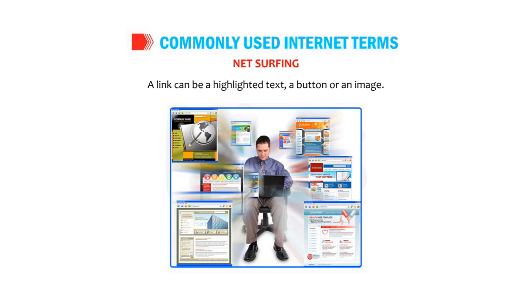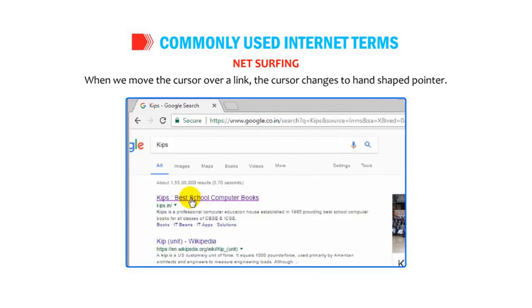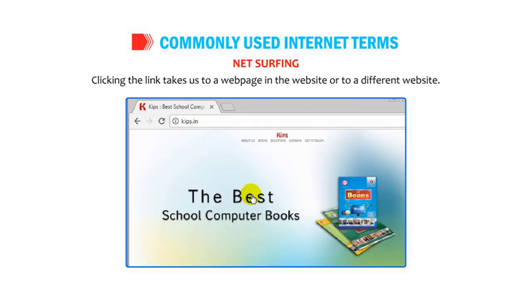A link can be highlighted text, a button, or an image. When we move the cursor over a link, the cursor changes to hand-shaped pointer. Clicking the link takes us to a web page in the same website or to a different website.